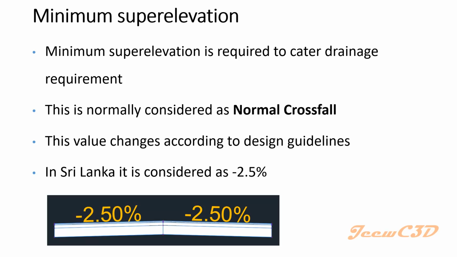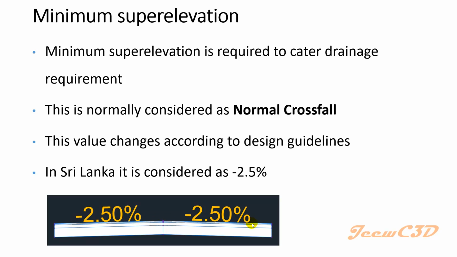So in a straight section especially, to drain the water from the road surface, we give an inclination to the road, which we call the normal crossfall. It is minus 2.5 for each direction of the road. If this is the center line of the road, it will slope down at minus 2.5.